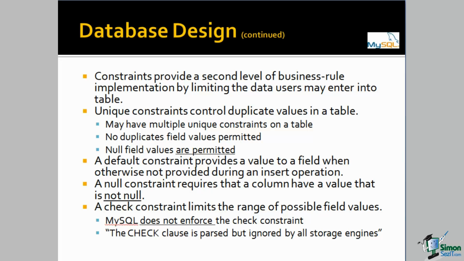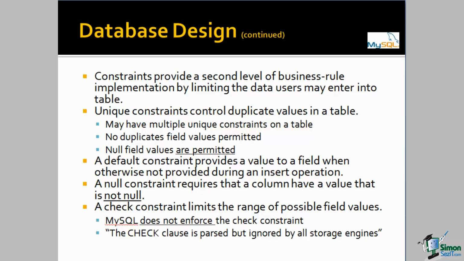So we can use a unique constraint, for example, to prevent duplicate values in a table. A primary key is a unique constraint, because there can be no duplicate values in a primary key. But unlike a primary key, you can have multiple unique constraints on a table.